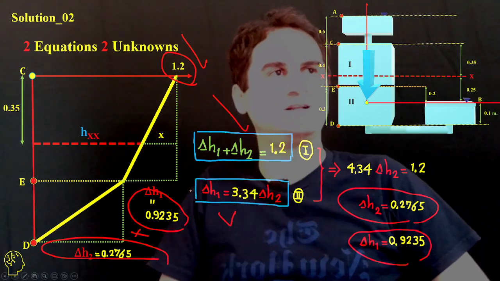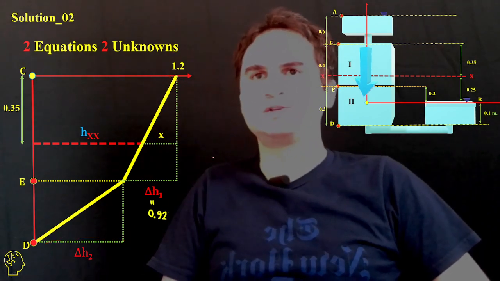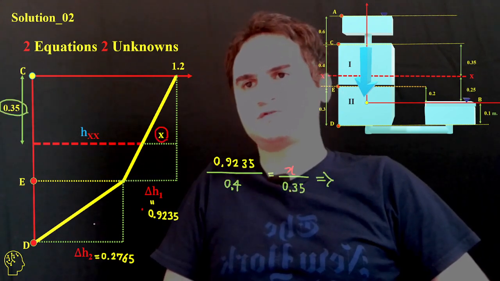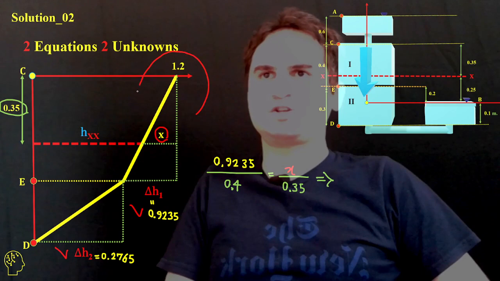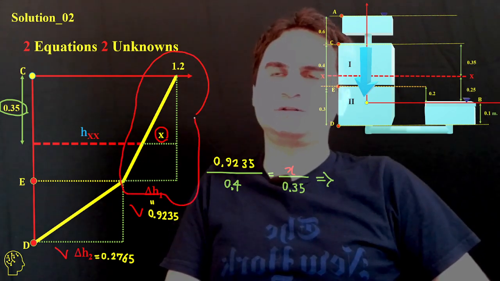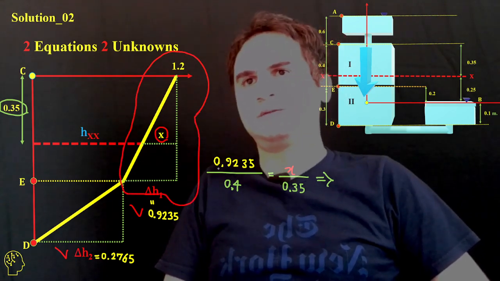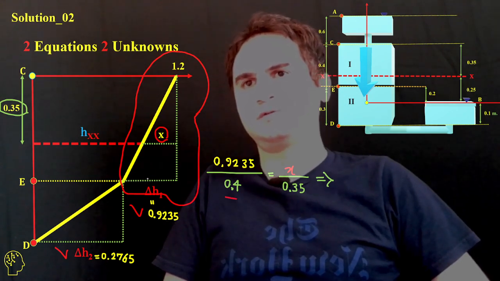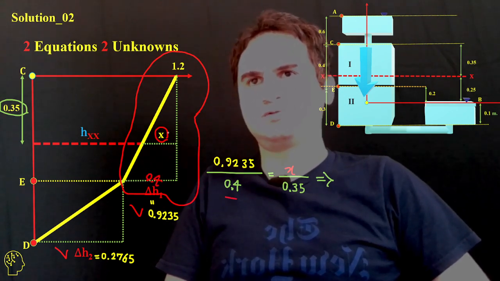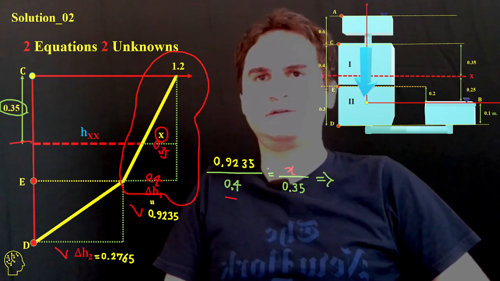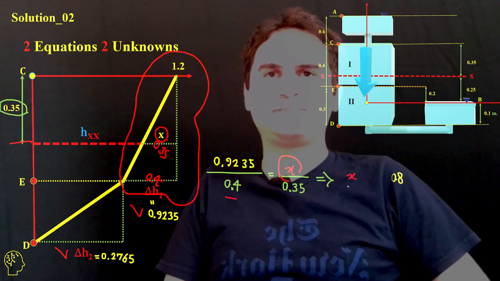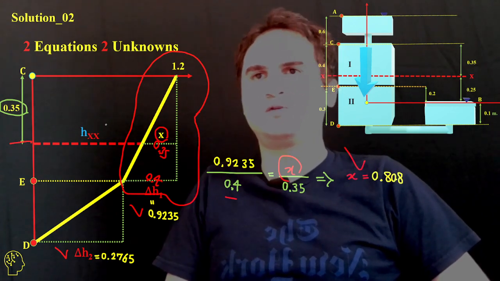As soon as we have delta H1 and delta H2, this is our delta H1 and this is delta H2. From the relation of this similar triangle, 0.9235 to 0.4 is equal to x over 0.35, because this height is 0.35. You can easily get the numeric value for x.